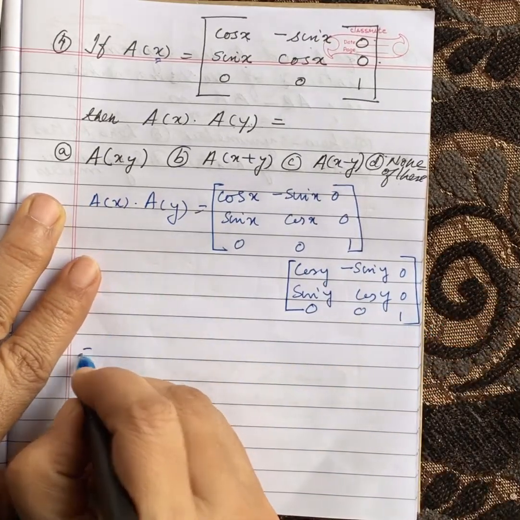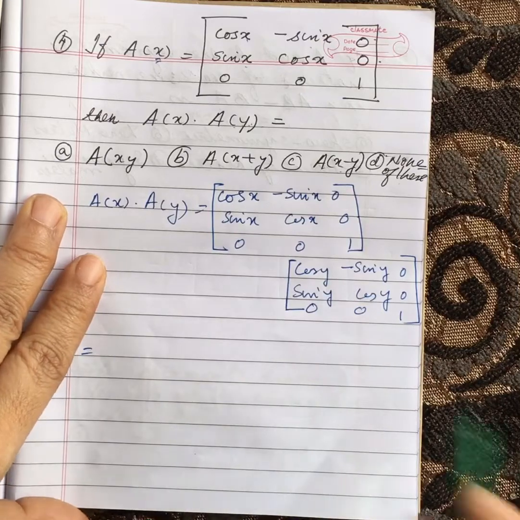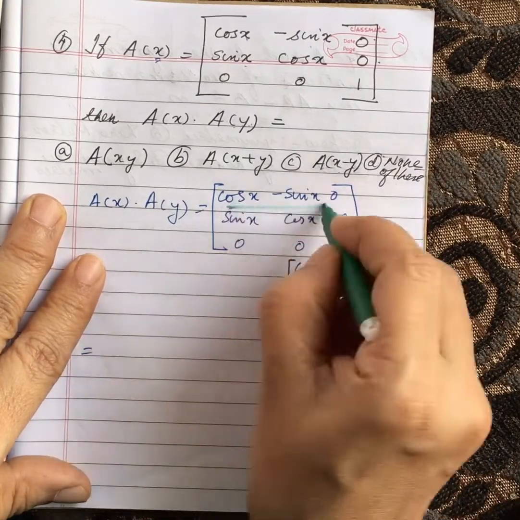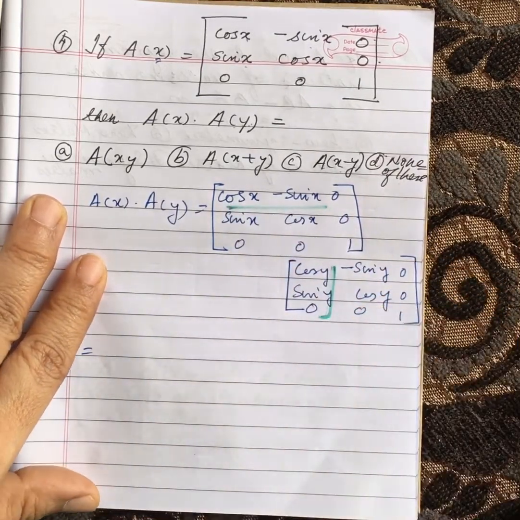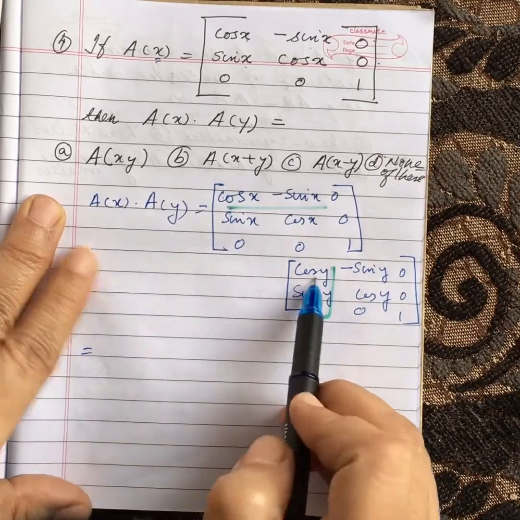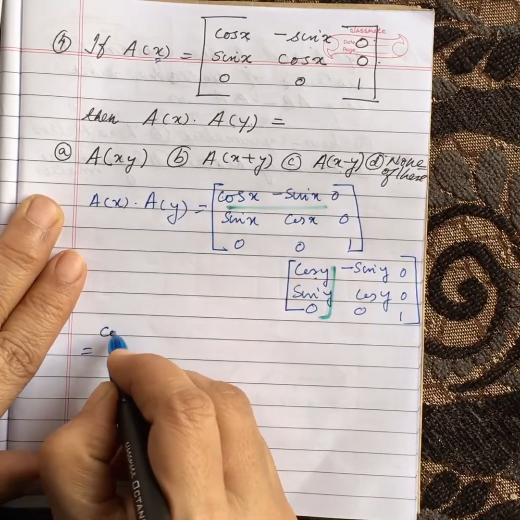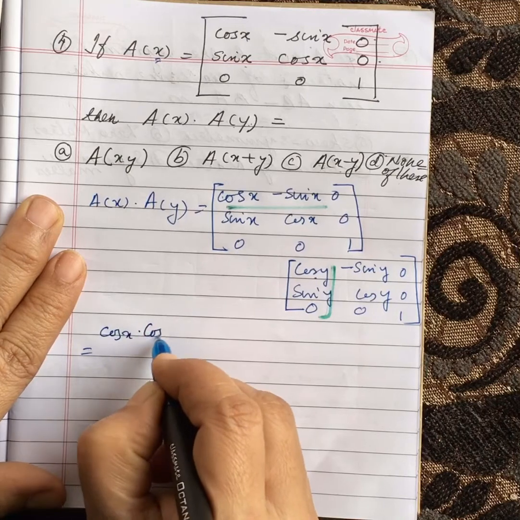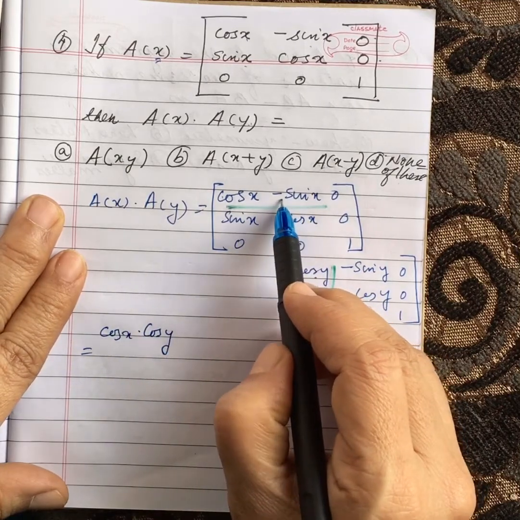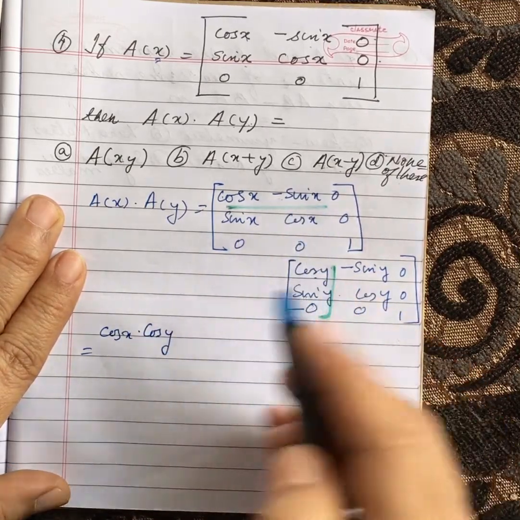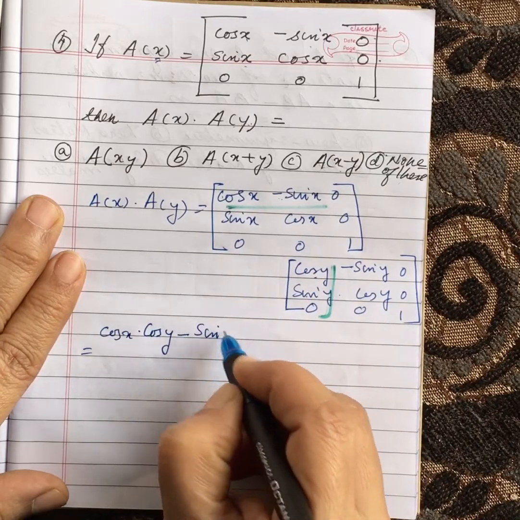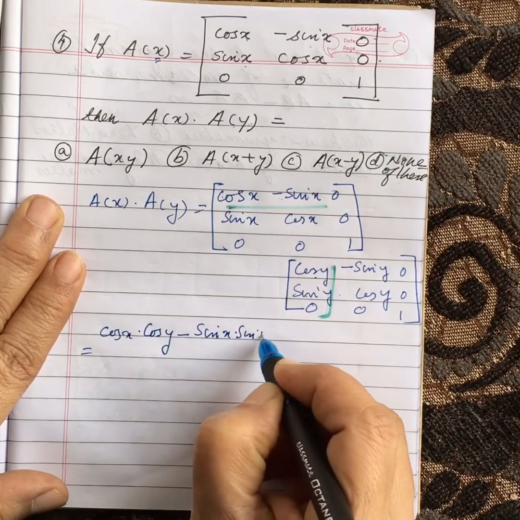So that is equal to, when you multiply, the first row you have to multiply with first column. So we'll get cos x into cos y, plus minus sin x into sin y. You can write it as minus sin x sin y.